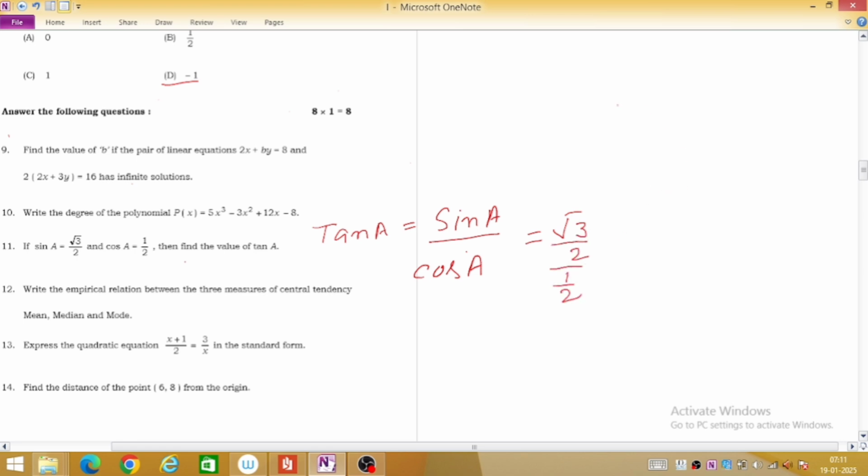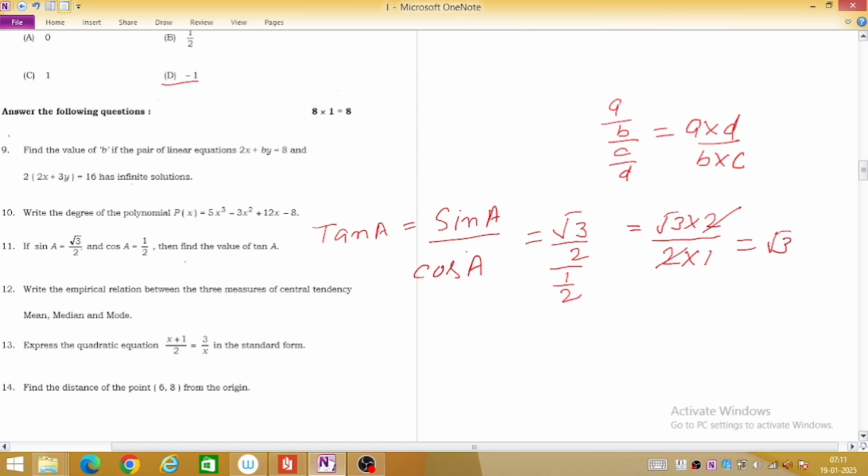If this is the formula A by B by C by D, then it is A into D and B into C. Then you multiply root 3 into 2 and 2 into 1. You cancel the 2, then the answer is root 3.